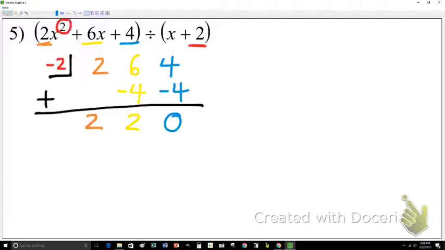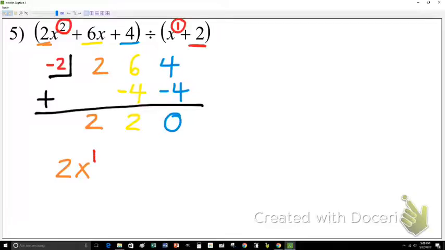Okay. In the binomial, our degree is 1. You subtract, 2 minus 1, that gives you 1. And so we know our first number, 2, is going to have a variable of x with a power of 1.